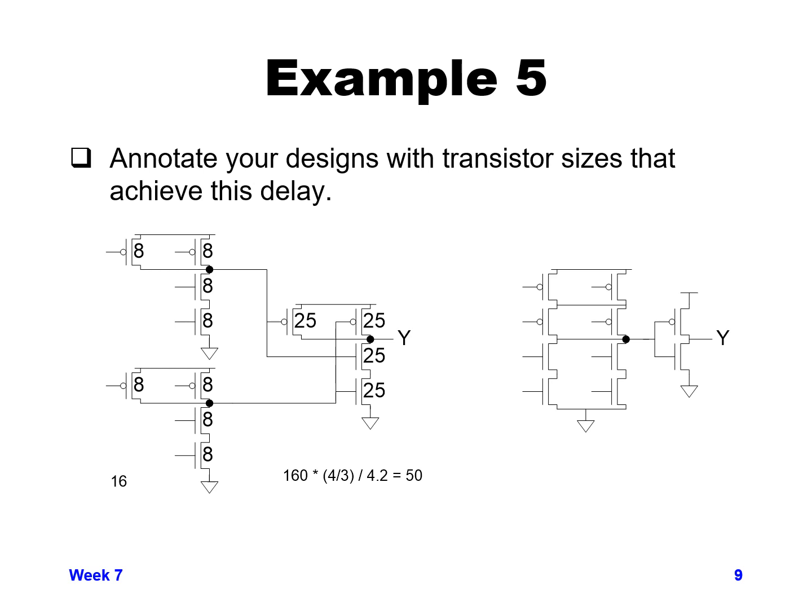For a NAND gate, the stage logical effort is 4/3, and the f sub hat per stage was 4.2. So we take 4/3 divided by 4.2, multiply that by 160, and we get a value of 50. Since for a two input NAND gate the n sizes are the same as the p sizes, we take 50 divided by 2, and each of the transistors is size 25. That gives us what we have in the circuit there.